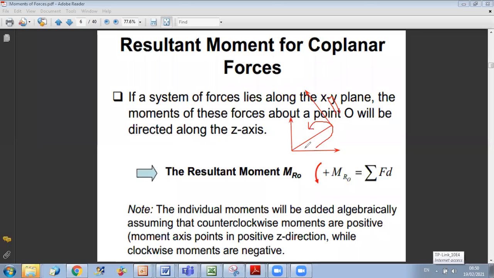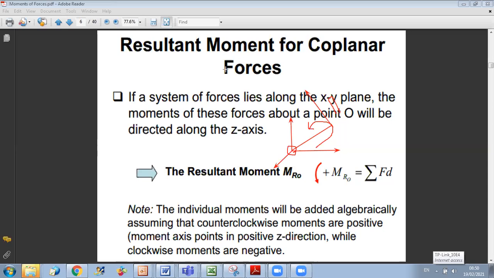This means that it is in the positive z direction, because the z-axis is towards you, and when you curl your right hand, your thumb will be directed in positive z. This is why we say if the moment is in the counterclockwise direction, then the moment vector is pointing in the positive z sense.